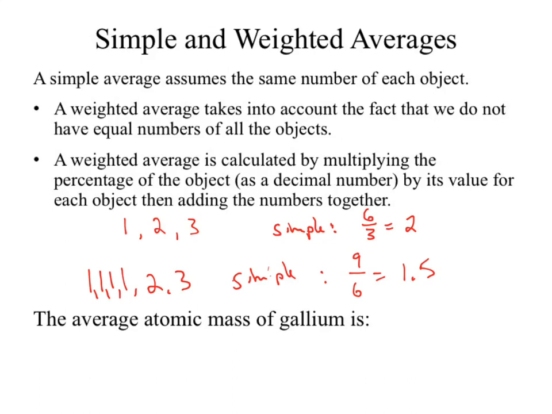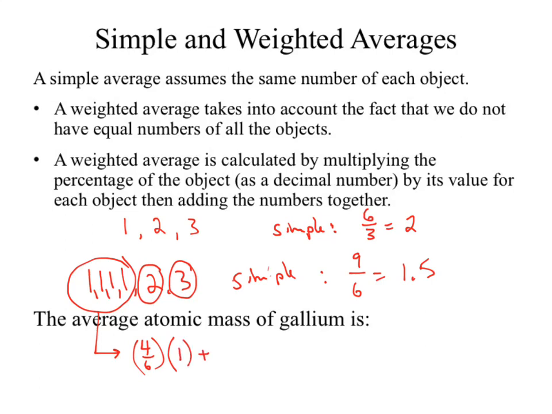The other way we could have done it was taking a look at what was the percentage of each of those in each of our calculations. How many times did 1 show up? 4 times out of how many options? 6. So we could do 4 divided by 6. There's our percent times the value, which is 1.